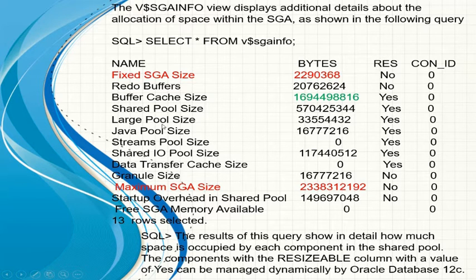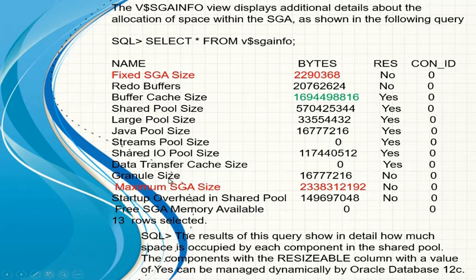Large pool size, the same thing. Java pool size, the same thing. Streams pool size is 0, but you can resize it. Shared I/O pool size, you can resize it. Data transfer cache size is 0, and you can resize it.